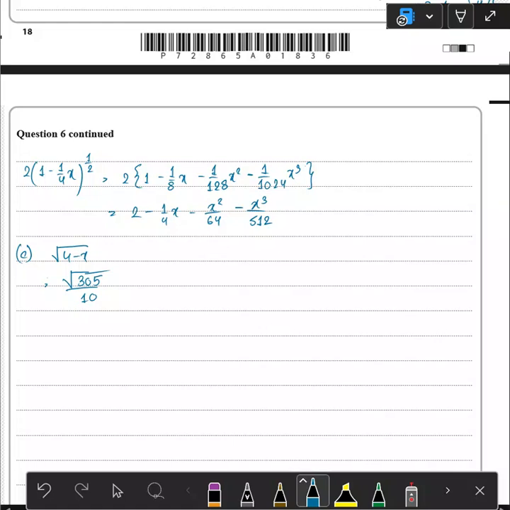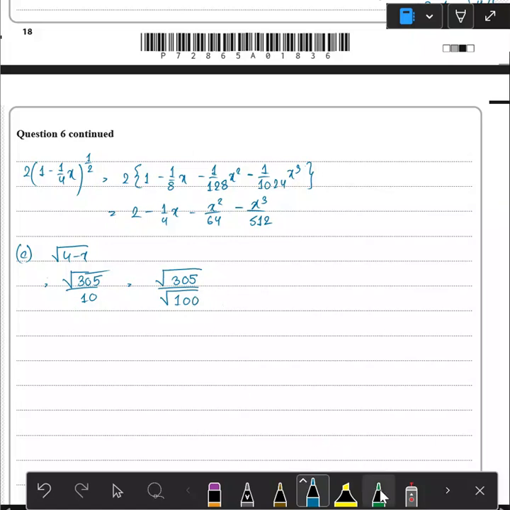What we can do is bring this into one single square root. In order to do that, the numerator can be written as root over 305, right? And the denominator can also be written as root over 100, right?